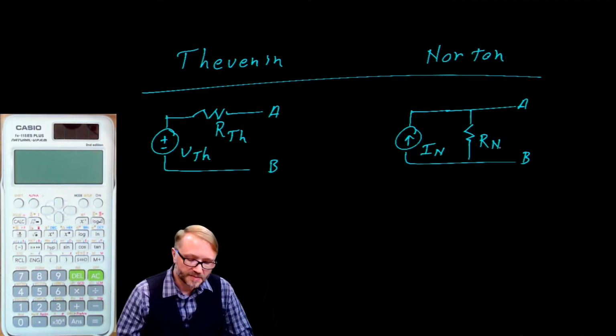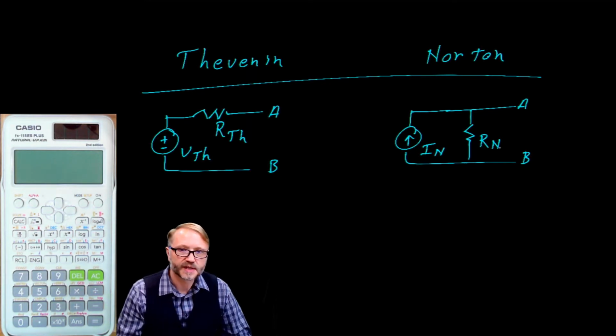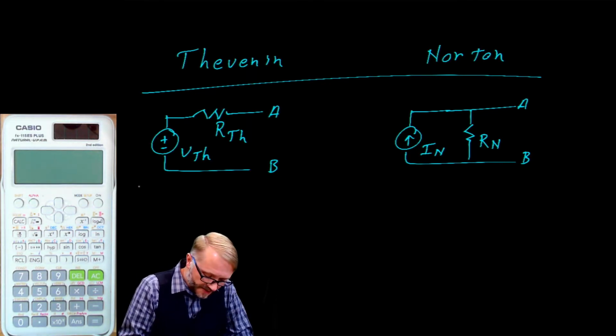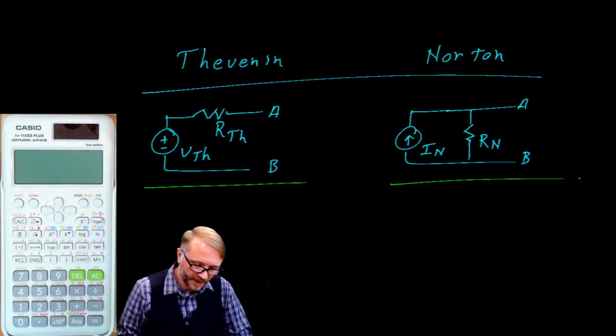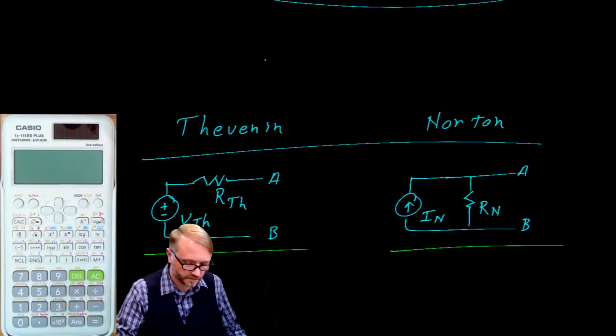Thévenin and Norton's theorems tell us that any two-terminal linear source may be represented as either a voltage in series with a resistance or a current in parallel with the resistance.